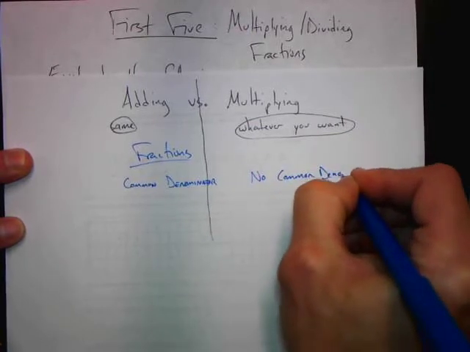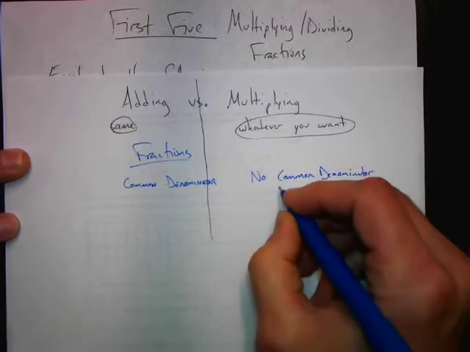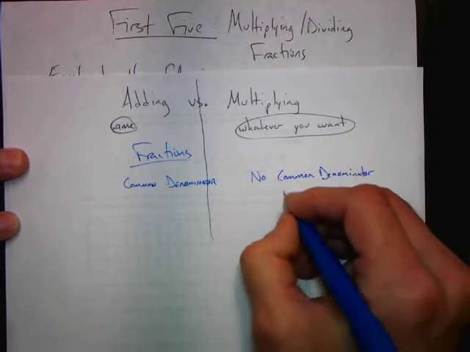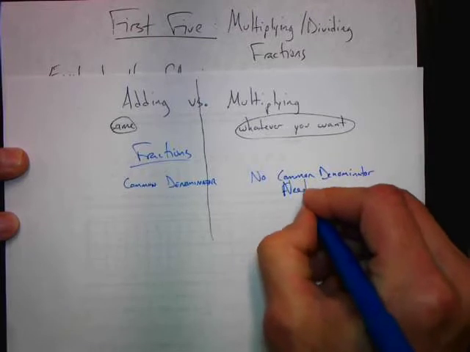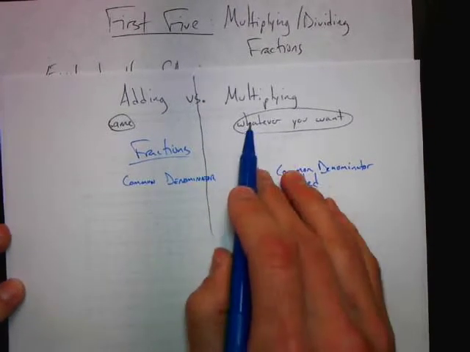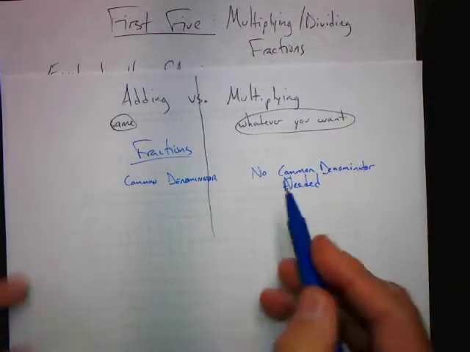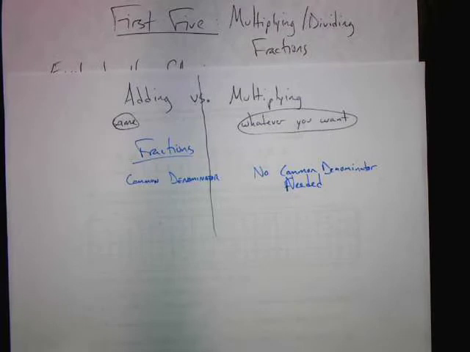And that is a huge vocabulary piece that will be helpful for basically your math future. So again, when we're adding and subtracting fractions, common denominator. If we're multiplying, remember those two big rules are all different things. So we don't need a common denominator for multiplying. And so the rules for fractions are very simple when it comes to multiplying.